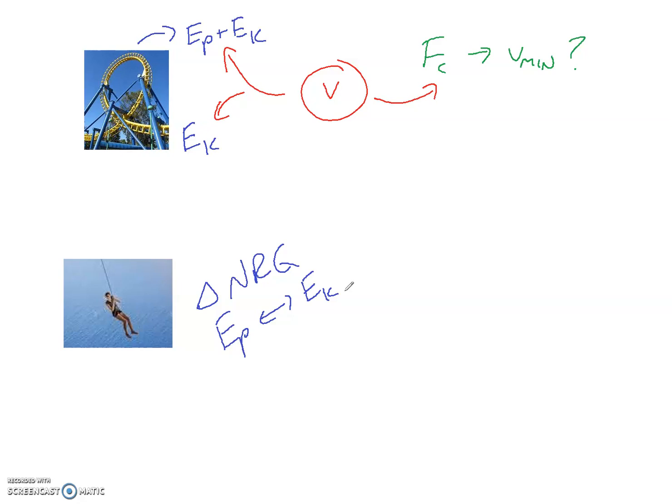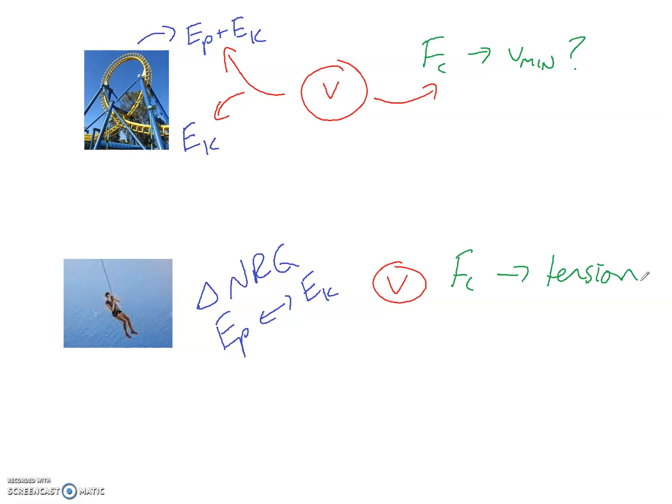So once again, it's really common to use the energies to find the speeds, especially at the bottom of the swing. And then we can take those speeds and apply them to the centripetal force, which of course is then connected to the tension in the rope. So once again, the speed binds the two things together.